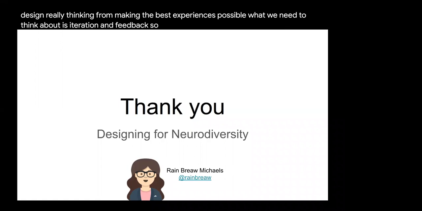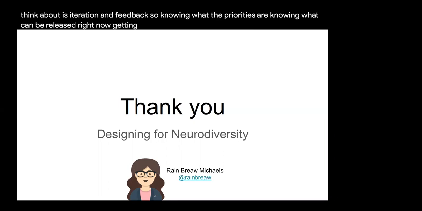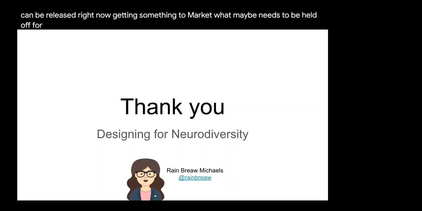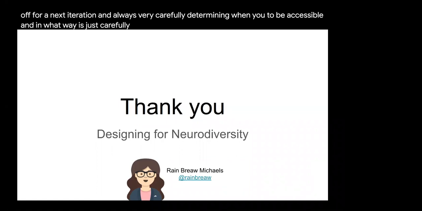So knowing what the priorities are, knowing what can be released right now, getting something to market, what maybe needs to be off for a next iteration, and always very carefully determining when you realize what aspects of a product need to be accessible and in what ways, just carefully considering who you're leaving out.